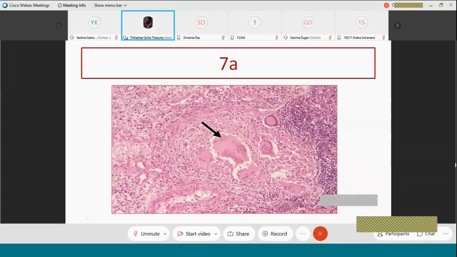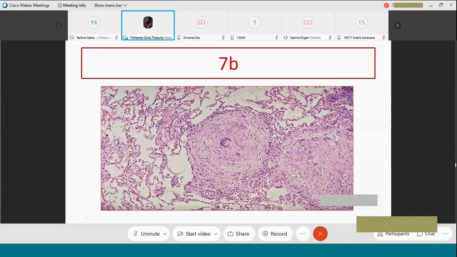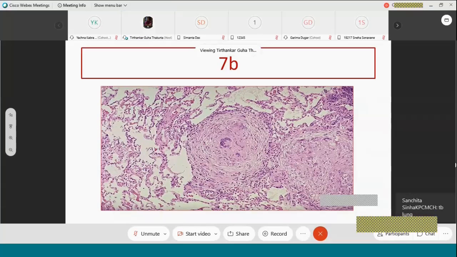So what is the diagnosis for this? You can see the giant cell and the granuloma here. So we can see a granuloma with giant cells, and the surrounding tissue are alveoli. This is TB of lung. Very good.